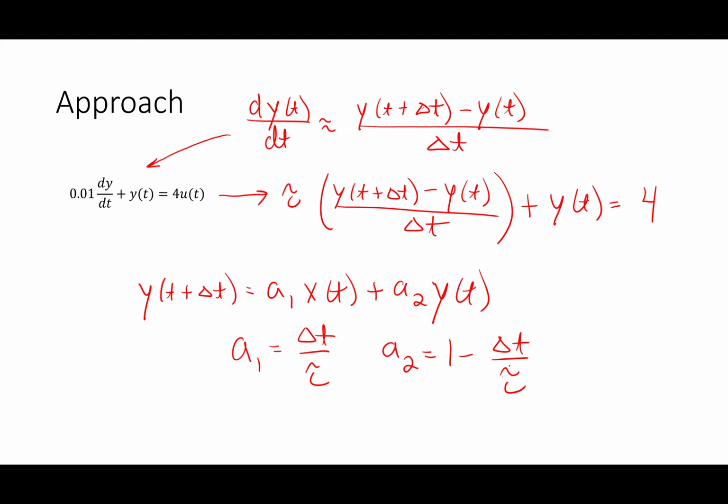Now, what I also said was, if I think of this just as a vector of points in that discrete time version, I don't need to write everything in terms of tau. So if I do this in terms of n, how do I write this in terms of n? y of what equals a1 x of what plus a2 y of what?